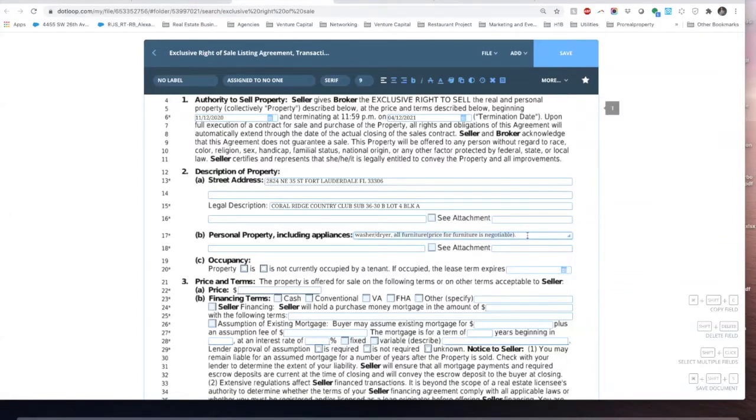If your seller would like to include the furniture in the deal, I always ask for a list of all the items they want to include in the transaction, and that way you can also justify the price beforehand, because it will always come to the question, okay, how much does the seller want for the furniture? Then you will go to the owner and ask how much they want, and they will start thinking about it.